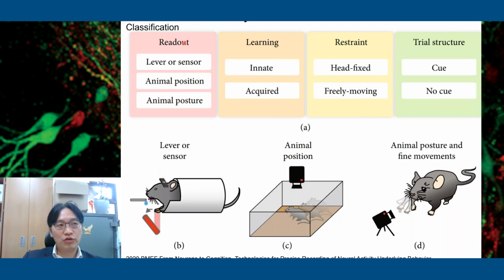What will be the readout of the behavior? Is it a lever or sensor or licking or any position or posture? Will you do something innate or something acquired that requires learning? And you choose head fixed or freely moving. Will there be a cue or no cue? And you set up your behavior paradigm based on your design.